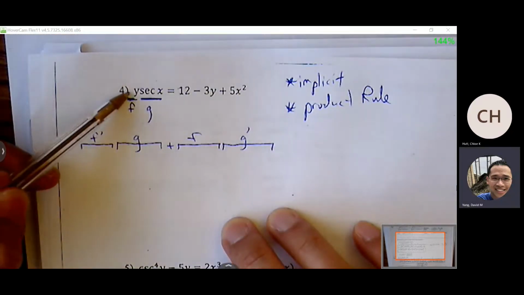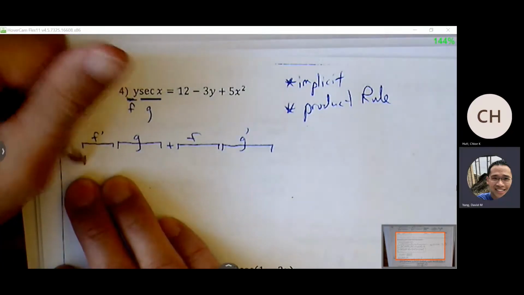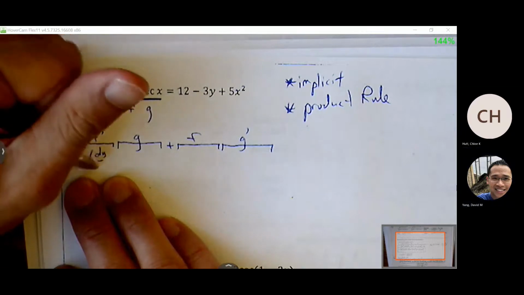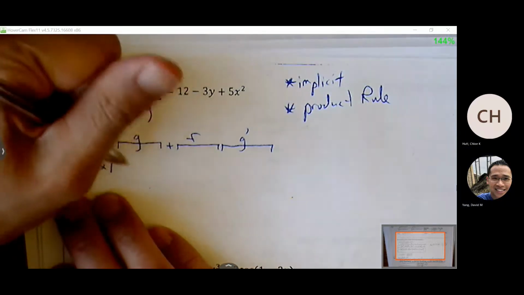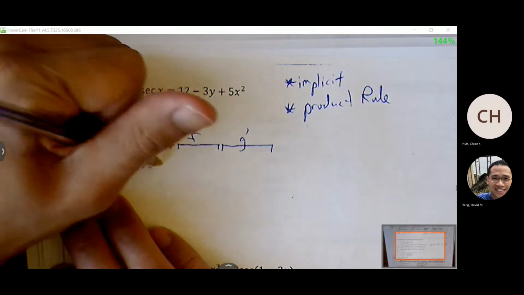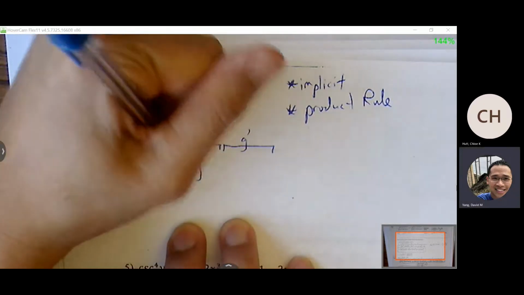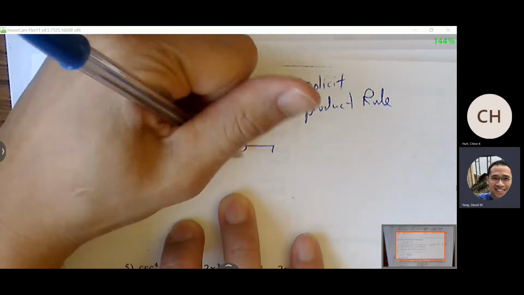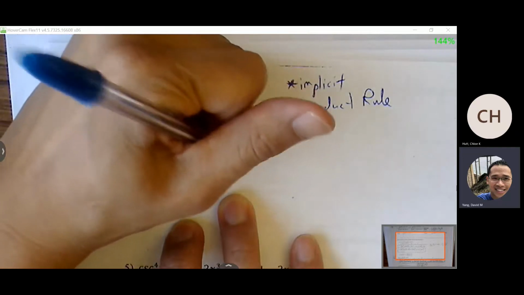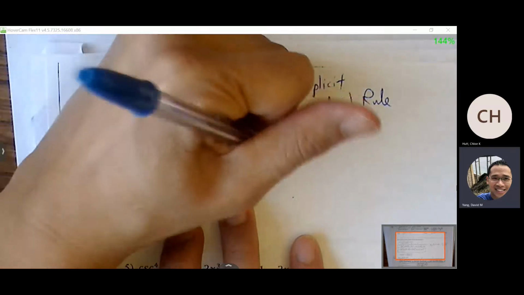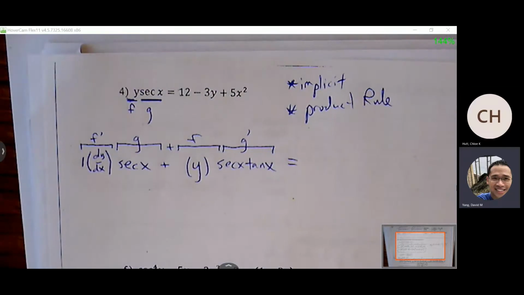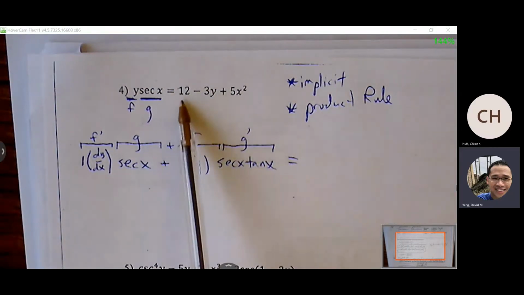Okay, y's derivative becomes 1. dy dx pops up. Back to f. G prime secant becomes secant tangent. Okay, what happens to 12?